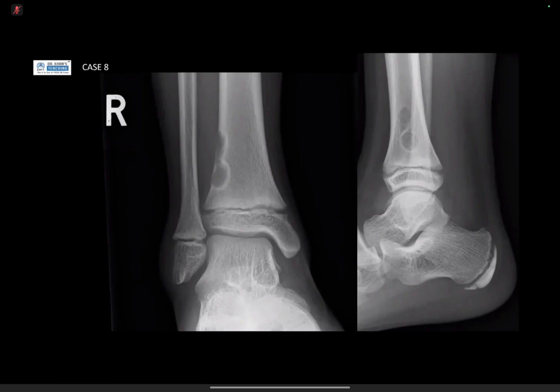No soft tissue swelling, and no other lesion. So based on the appearance and location, my differential would be osteoid osteoma.